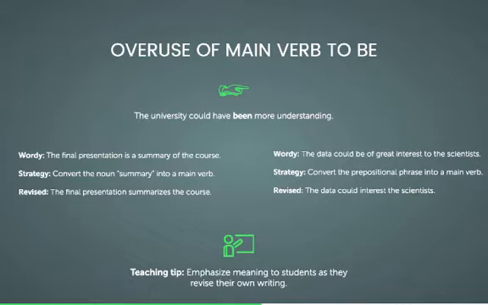We could say the data interests the scientists. We could remove that auxiliary verb could, but the problem with that is it actually changes the meaning. The meaning of the sentence is the possibility of its interest to the scientists, and it's not the fact that it does interest the scientists. So it's a nuanced difference, but the meaning does change if we remove that auxiliary verb.